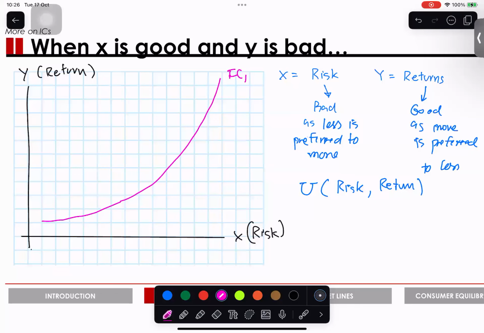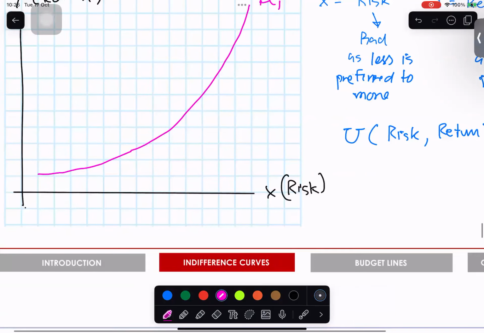It's easy to just check intuition by having a thought experiment with this.